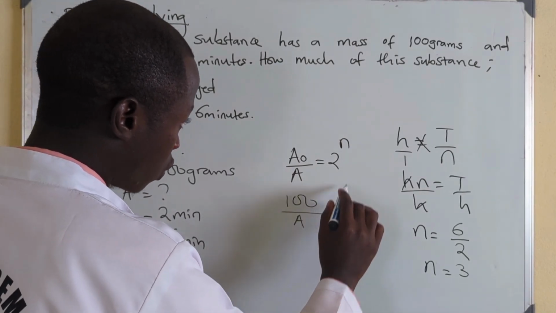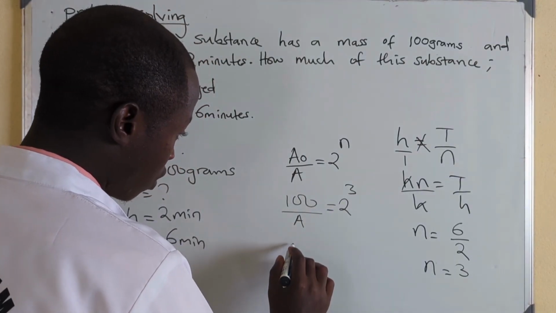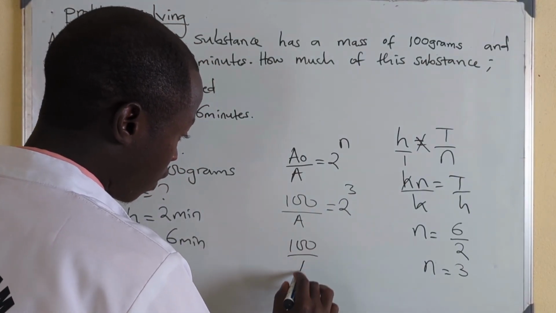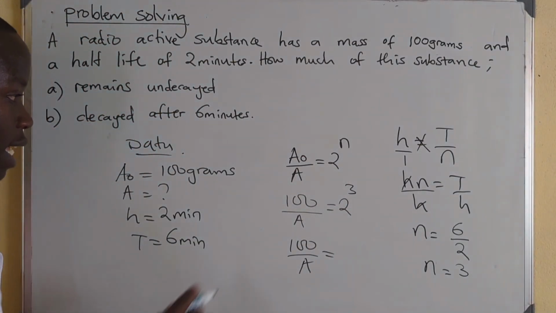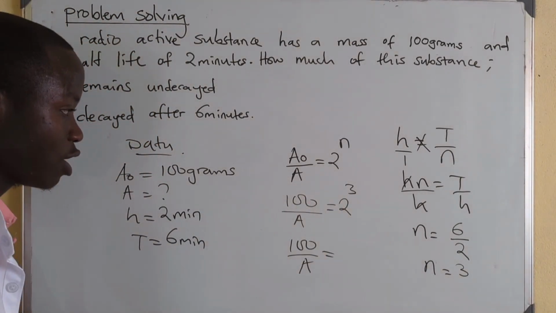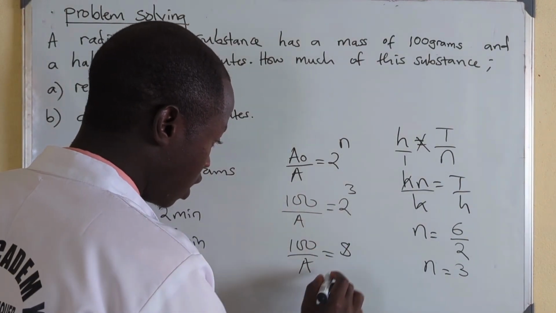This is equal to 2 to the power 3. This means we multiply 2 three times, and this gives us 8.